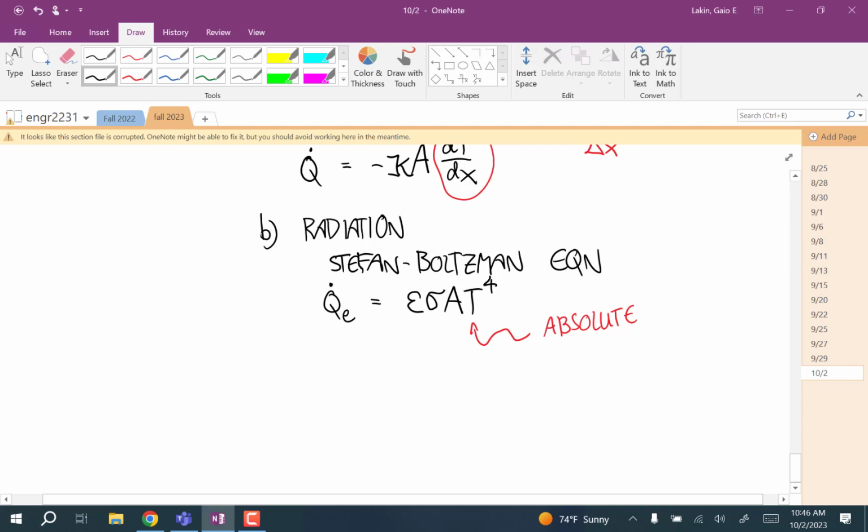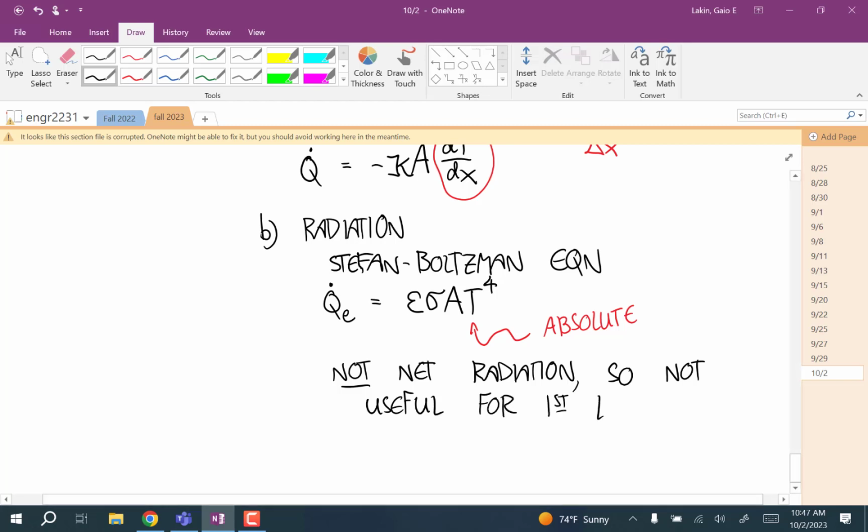Remember that this equation is not the net radiation. So this is not that useful in the first law.